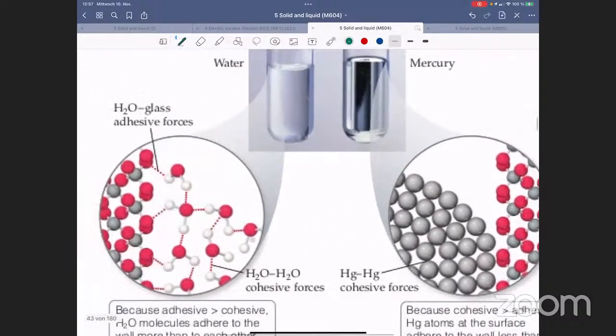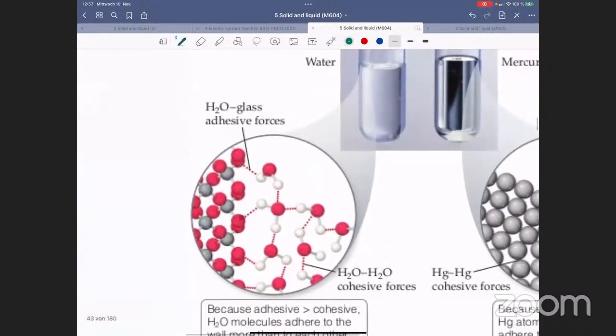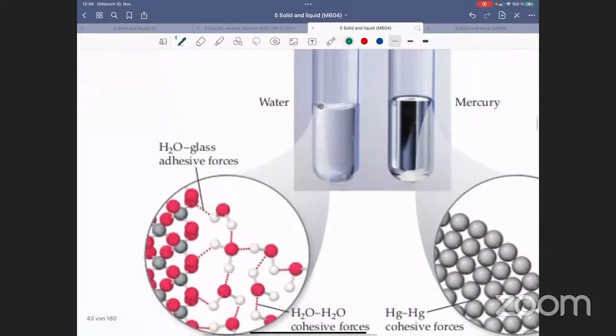It's quite different from water. In the water case, we have more adhesive force than cohesive force. The molecules in the water don't attract each other so strongly, so that's why they're going to be attached to the glass. And that's why we can see this shape.